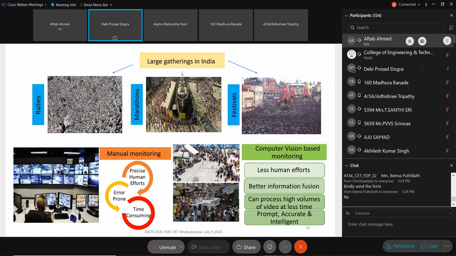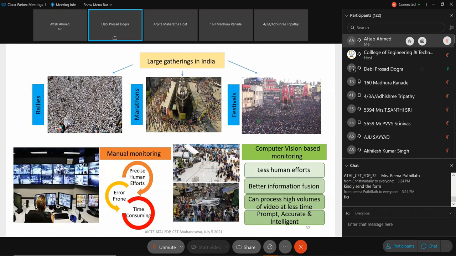That creates pressure within that area, in the sense that there will be randomness within the crowd. How do we identify or understand how the crowd is behaving? Now, what does manual monitoring look like? Somebody is looking into the CCTV camera, like on the left side. It requires precise human effort.